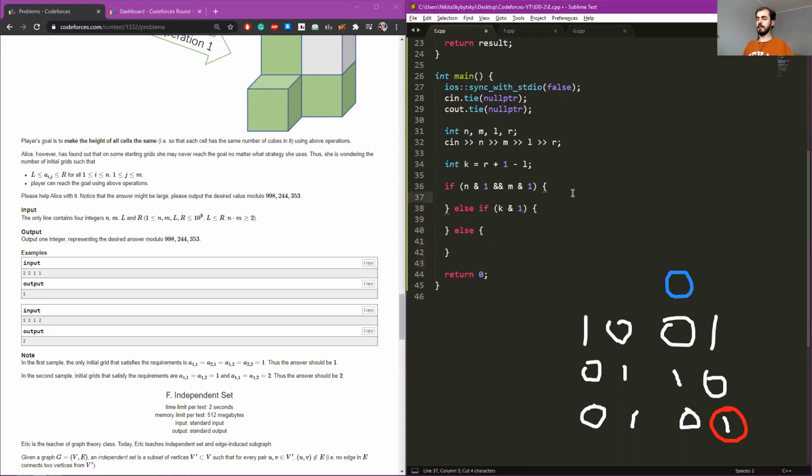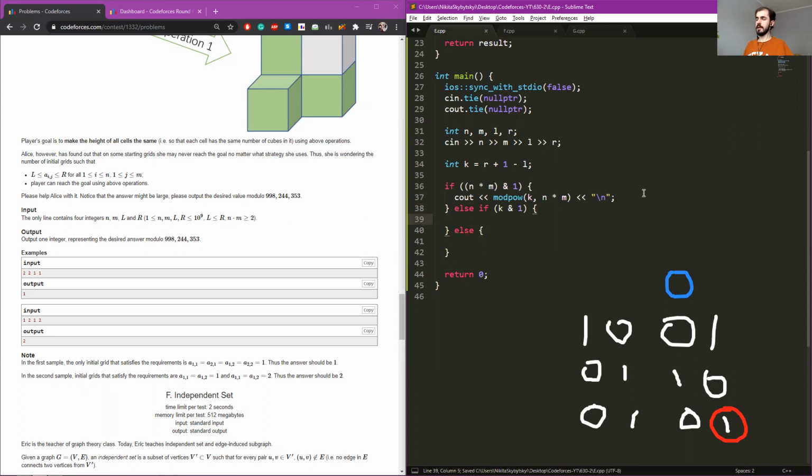And the answer is just yes, and we can output mod pow of k, I believe, the number of options. N times m. I think it's n times m. We can also write it here. And then just keywords, right? It's a default parameter, so we can just leave it as this.